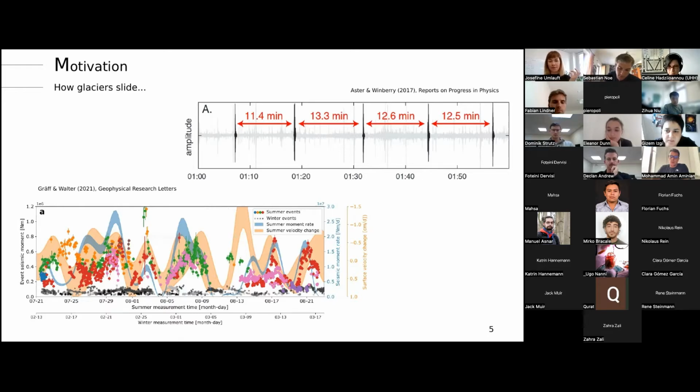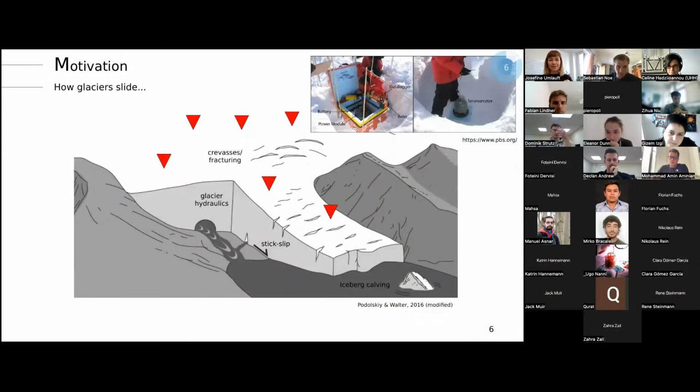They can be either very small on microseismic scale, but also quite strong and actually cause displacement of the ice body or of the ice surface of centimeters per day even. And so we know they exist, but it's very challenging to observe them.